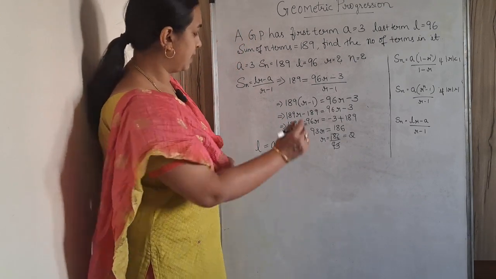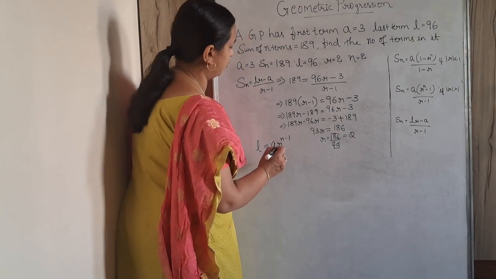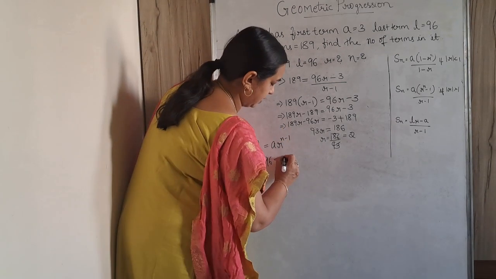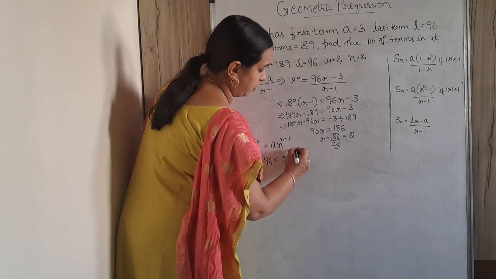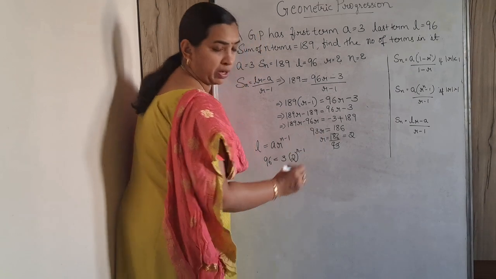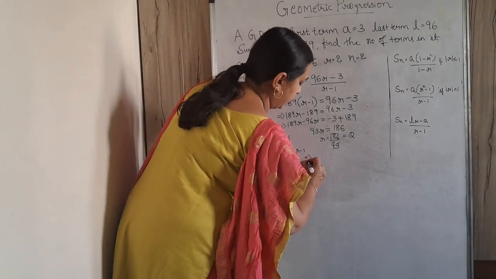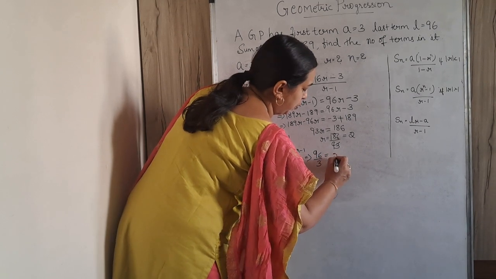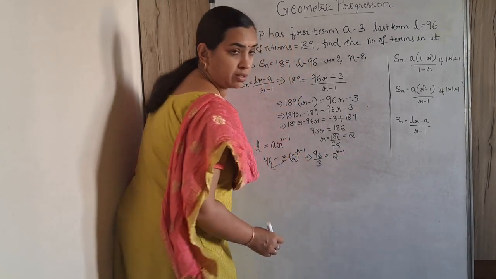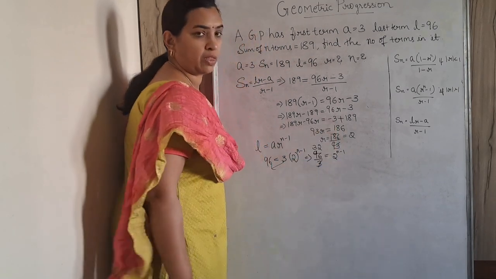Here the last term we know as 96, which is equal to A is 3, R is 2 to the power of n minus 1. Simplify this: 96 by 3 is equal to 2 power n minus 1. So this will be 32.